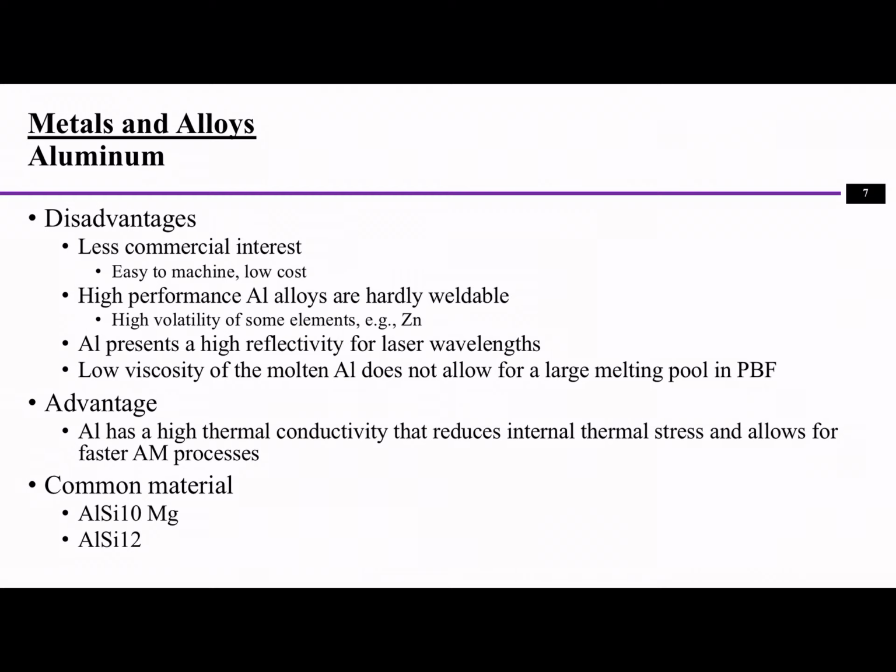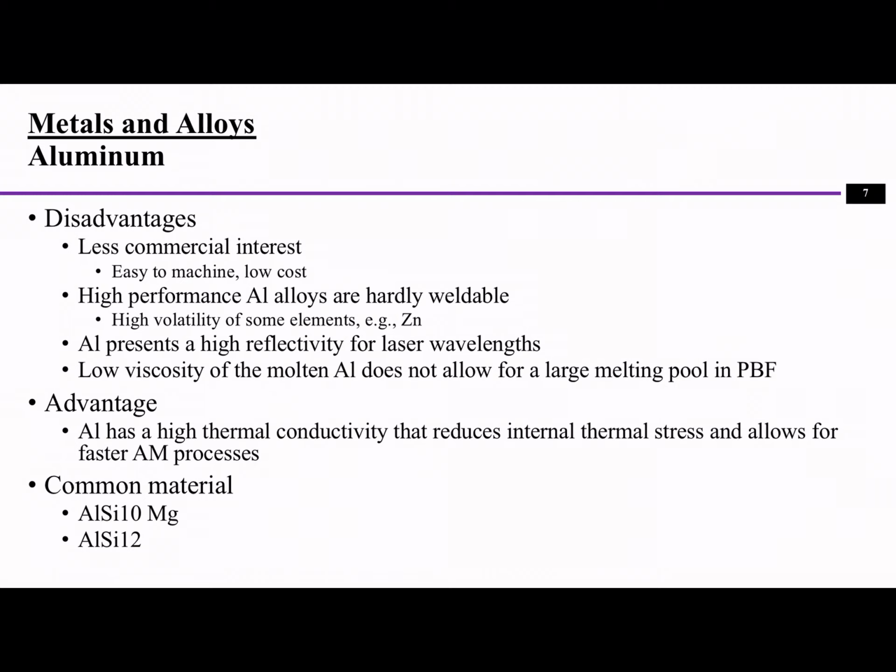And another metal is aluminum. So aluminum is not used a lot in 3D printing, but it is also used for some research purposes, because of several disadvantages.